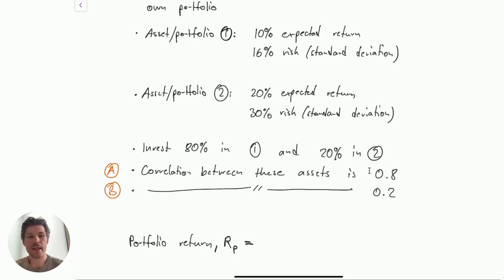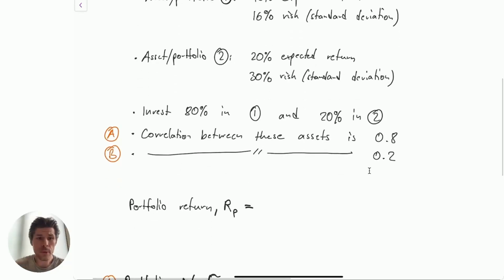So correlation is how those assets move together. If it's 1, they move identical. If it's -1, they move in opposite direction, and then you have the full range from -1 to 1. If it's 0, it's completely uncorrelated.